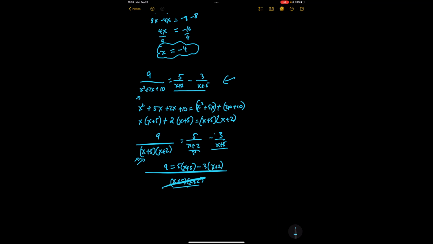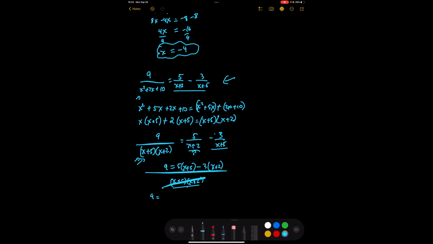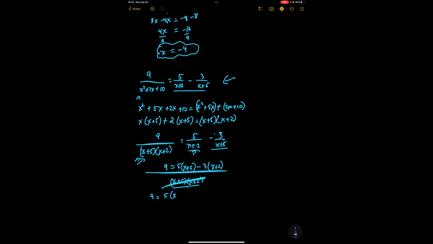And now I can erase that. So now I have 9 equal to 5 times x plus 5 minus 3 times x plus 2. And that would be equal to 9 equals 5x plus 25 minus 3x minus 6.